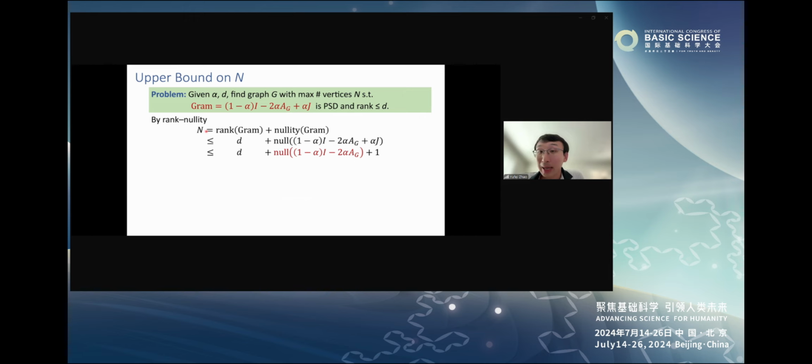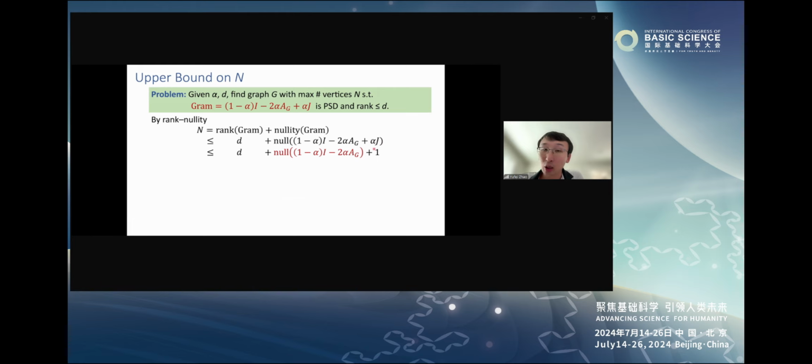So this is an n by n matrix. By the rank-nullity theorem from basic linear algebra, we can write n as the sum of the rank and the nullity, which is the dimension of the null space of this matrix. The rank of this matrix is at most d because we started with vectors in d dimensions. And the nullity of this matrix, well, it has this J matrix, the all ones matrix, which is rank 1.